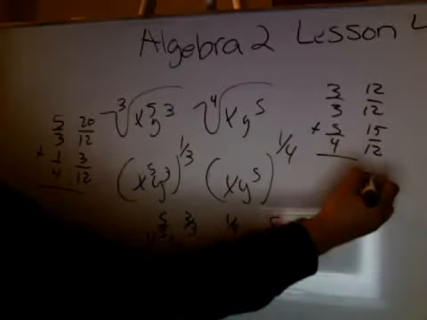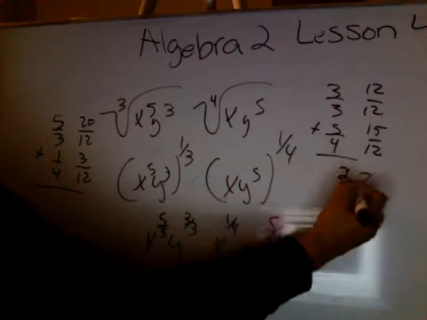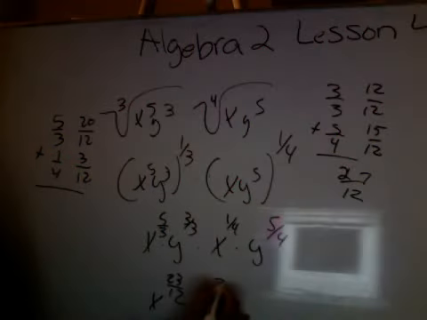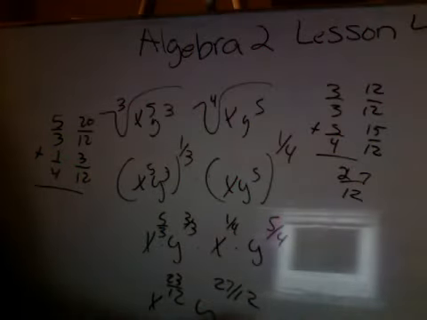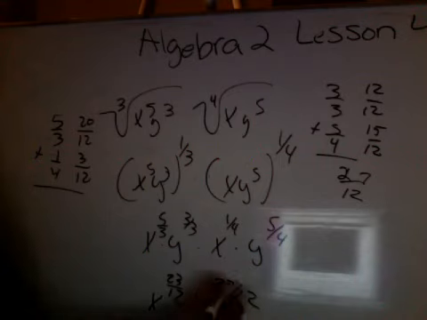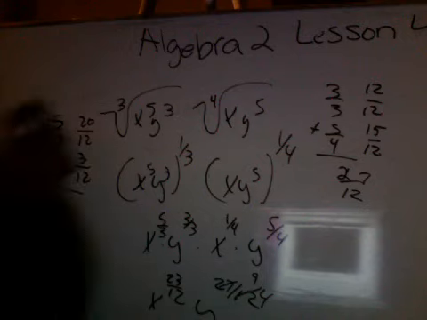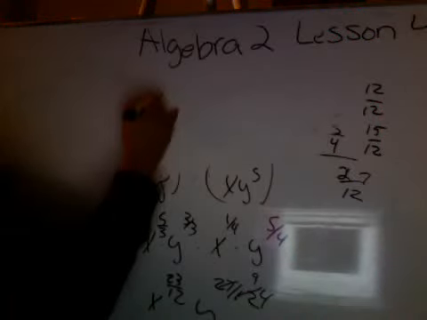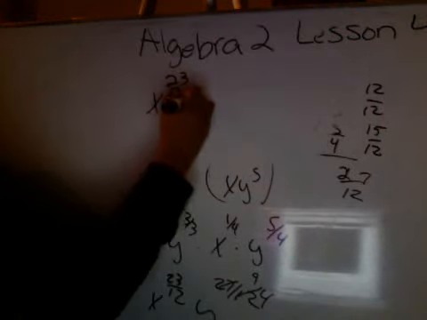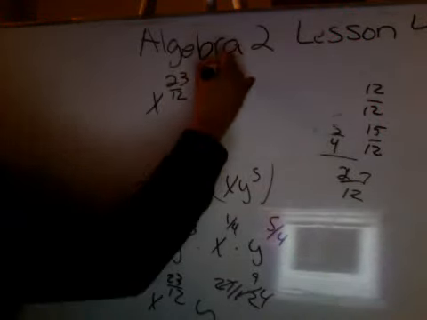You add those, that's 12 plus 15, 27. So it's 27 over 12, which can be reduced, divide by 3, to 9/4. And you still simplify them. So your answer basically is x to the 23/12 times y to the 9/4.